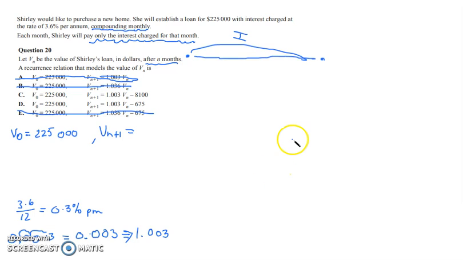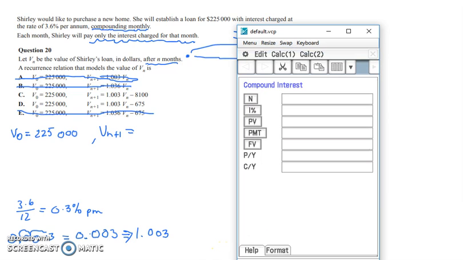We can do this by opening up our CAS calculator to the compound interest formula and placing in the information that we need. Being an interest-only loan, we're going to do it for 1 period, with 3.6% per annum, compounding monthly.